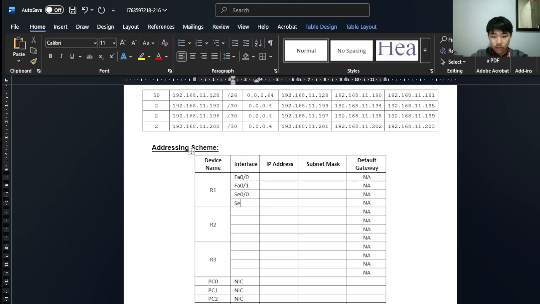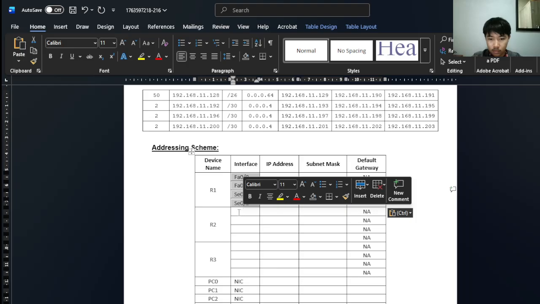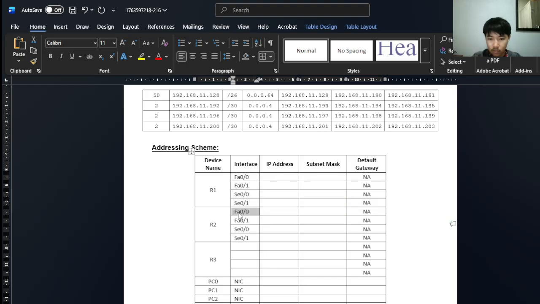Oh, sorry, typo, 0/0. Then let's copy until Router 3.